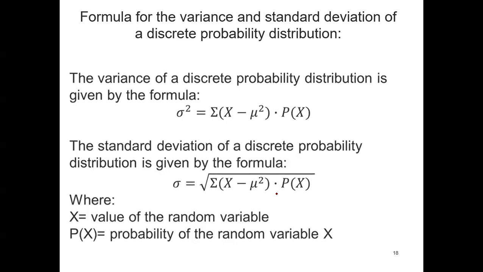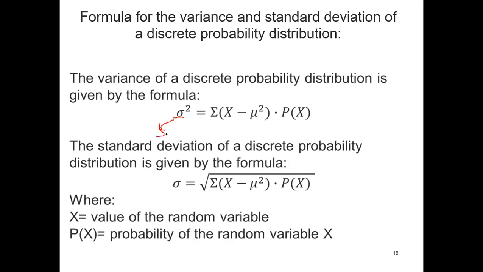So we have here the formula for the variance and standard deviation of a discrete probability distribution. So the variance of the discrete probability distribution is given by the formula sigma.